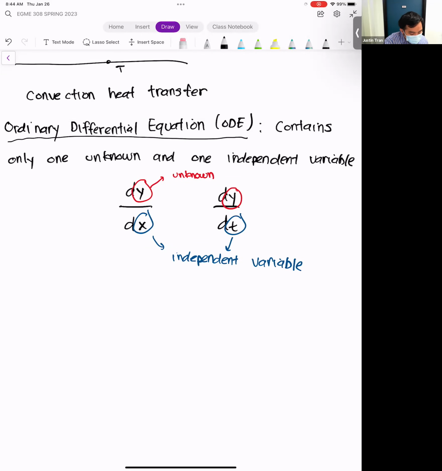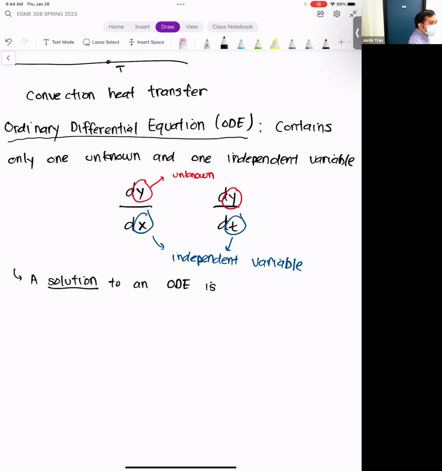Let's define what a solution to an ODE is. Normally, if you're looking at an algebra problem, like solving for x, the solution is often just a number, or what we call a scalar.